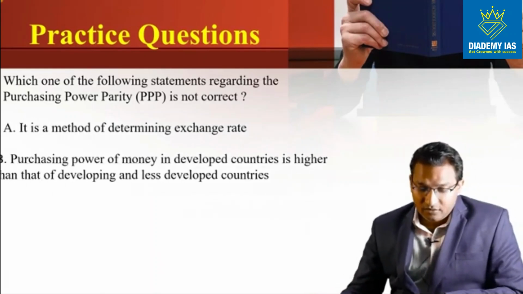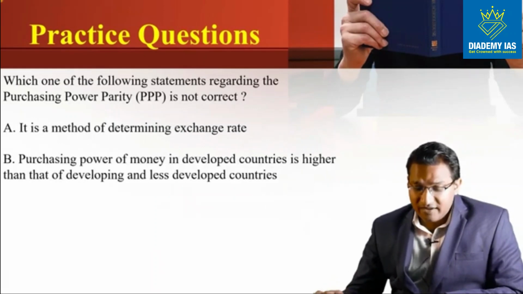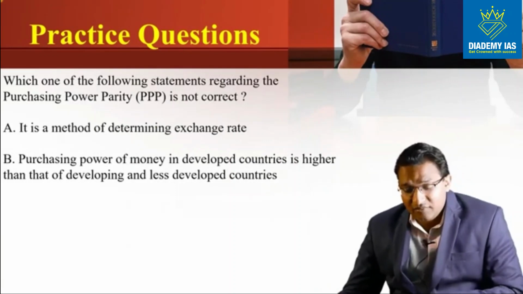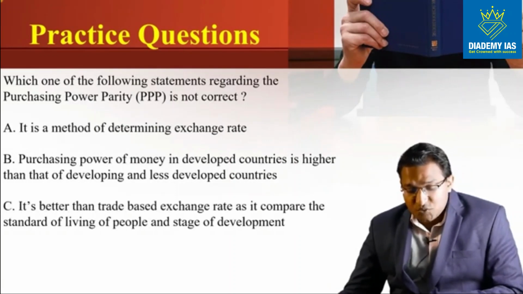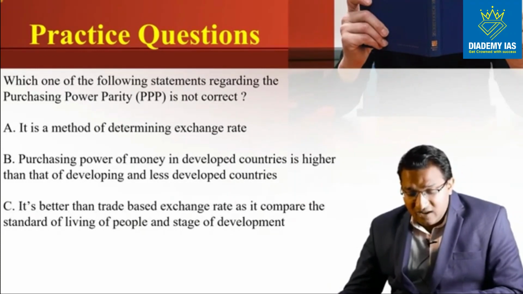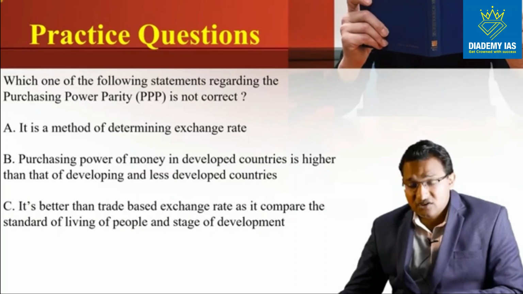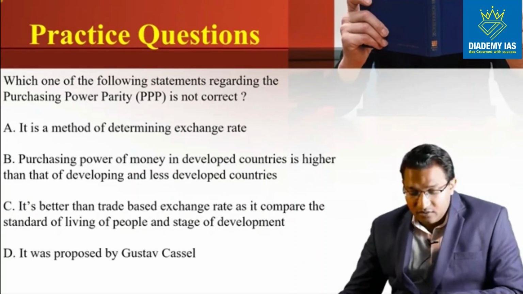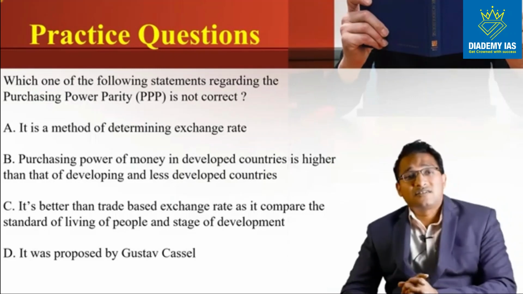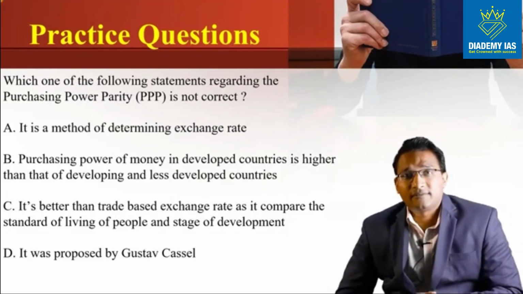B. Purchasing power of money in developed countries is higher than that of the developing and less developed countries. C. It's better than rate-based exchange rate as it compares the standard of living of people and stage of development. D. It was proposed by Gustav Cassel. Take 30 seconds and tell me what is the correct answer.